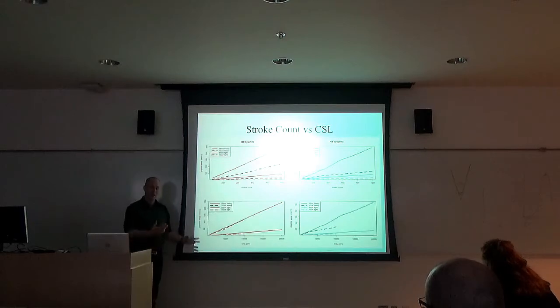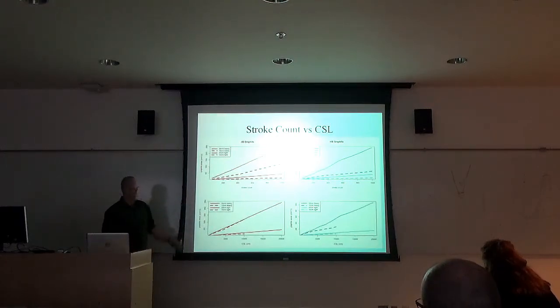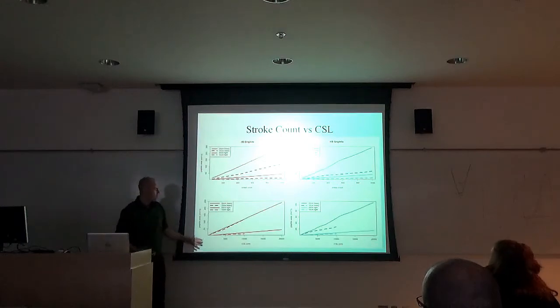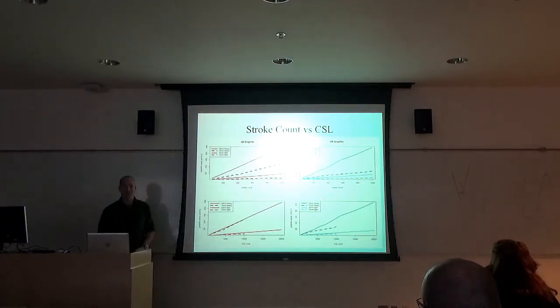There's more error than difference in the R value. So this basically shows that a 100% difference in cumulative stroke length equates to a 100% difference in wear.